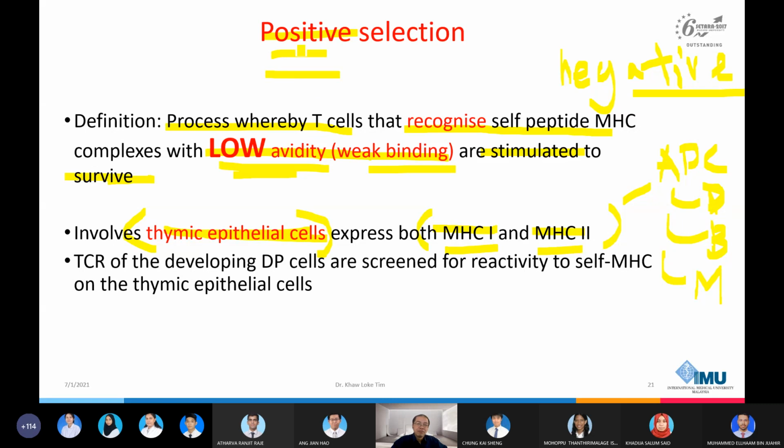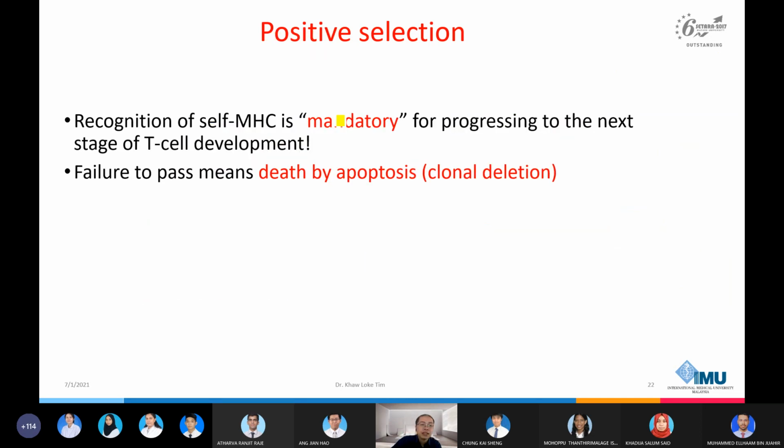So what they do is perform positive and negative selection. They screen for reactivity to self-MHC. Recognition of self-MHC is mandatory. You need to at least pass the exam, because failure to pass means GG by apoptosis. There's another term called clonal deletion.